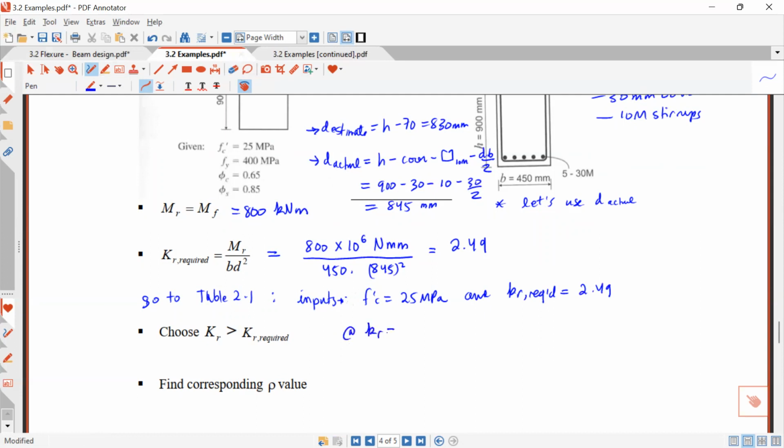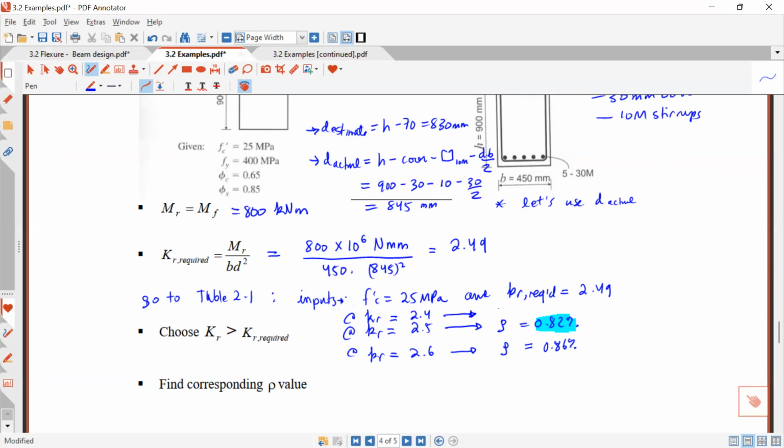At KR equals 2.5, we're going to find that rho is 0.82%. And then the next entry at KR equals 2.6, we're going to find rho equals 0.86%. So what we're going to use here in this example is this one. And we can even put KR equals 2.4. Let's check that in the table.